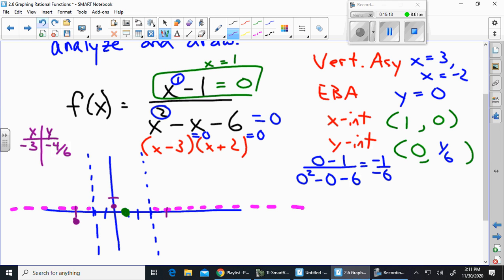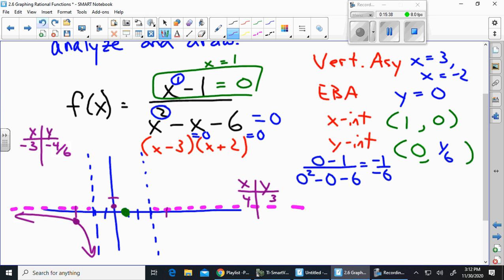Okay? It can't cross those dashed lines and you don't have a 0. So that gives you that part. Same thing over here. It's either here or here. Well, how do you figure it out? Put in 4. If you put 4 in the top, you get 3.